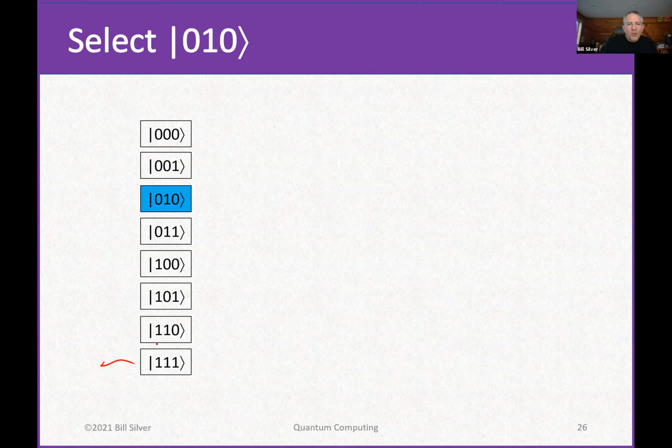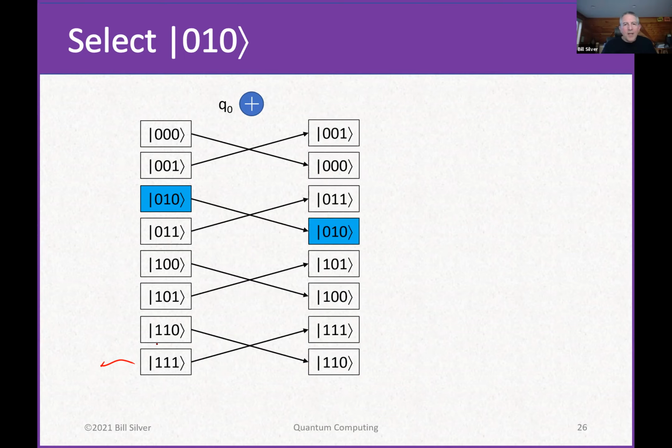So what I told you is that I'm going to first put a NOT gate on Q0, which is one of the things that I want to be marked. That NOT gate flips around bit 0. So you can see what's happened here.